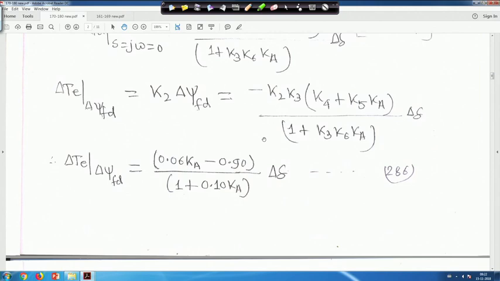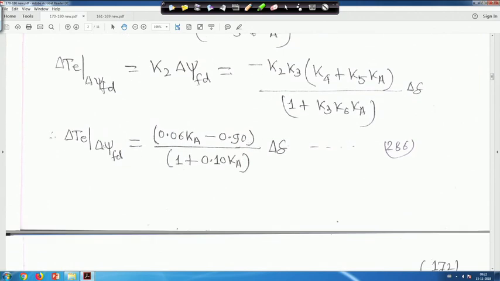So if you substitute, then the component of delta Te due to delta psi fd, one will get (0.06 Ka minus 0.9) divided by (1 plus 0.10 Ka) into delta delta. This is equation 286. That means this function is also in terms of delta delta, right.